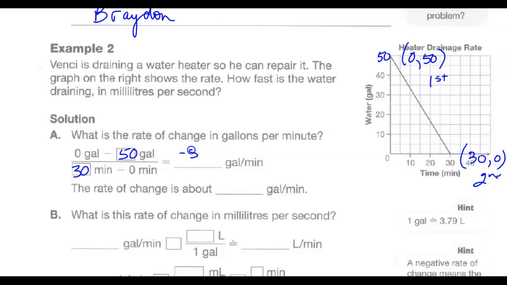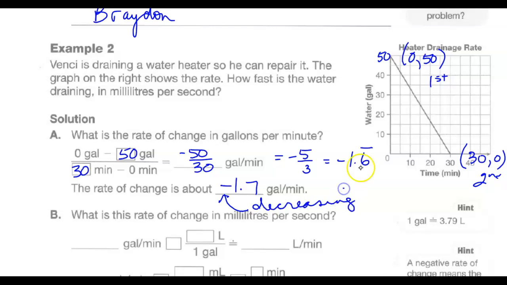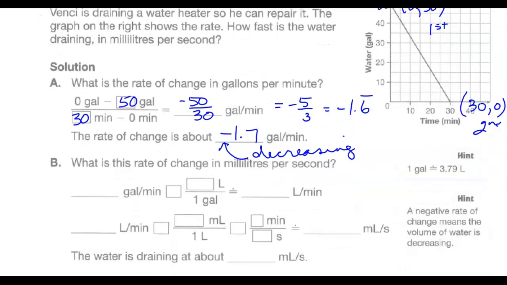So that'll be negative 50 over 30, which is negative 5 over 3, which you can do in your calculator, but it's negative 1.6 repeating. And so if we go to 1 decimal place, it's going to be negative 1.7 when we round it. And the negative means it's decreasing. Okay, so the water's going down.